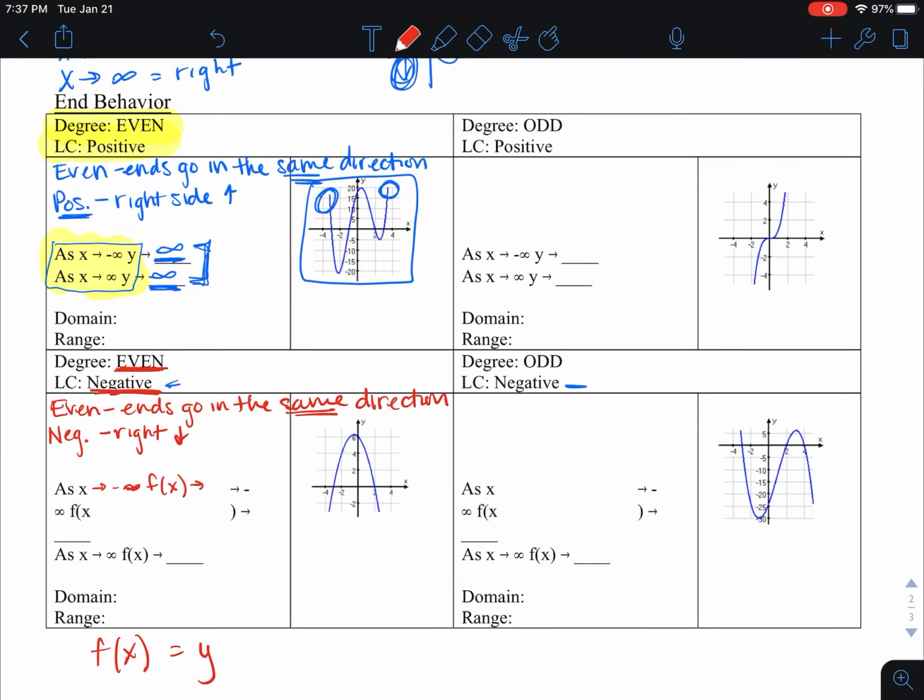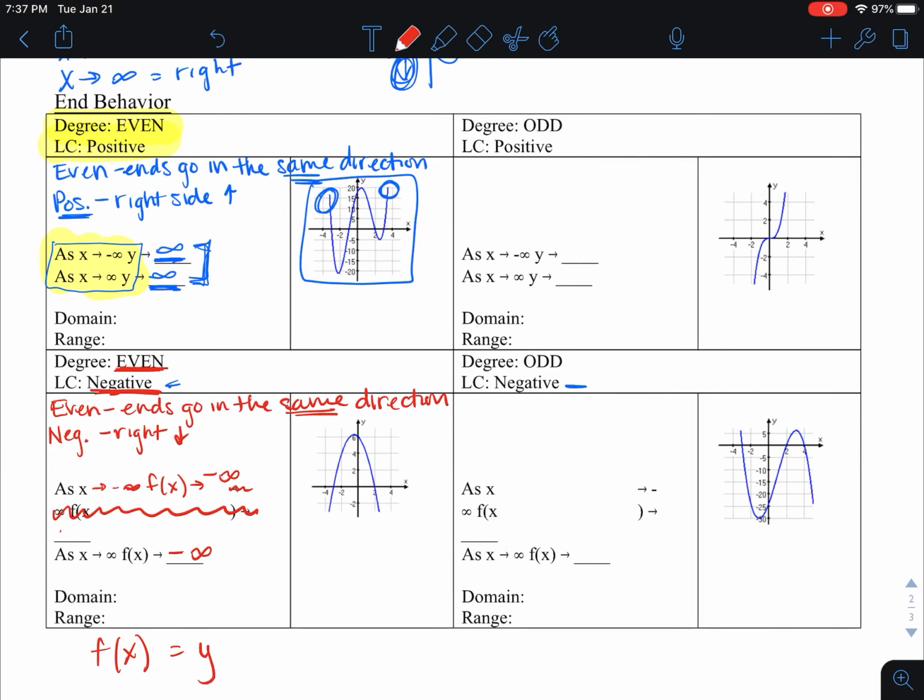So scratch that out. Your paper should be correct, so don't worry about that. The right-hand side is going down, so this is negative infinity. That means the left side also has to go down, because it's negative.